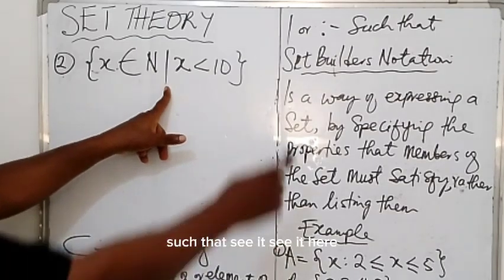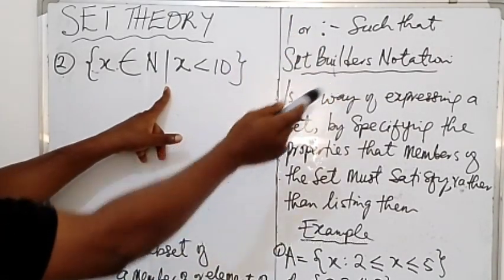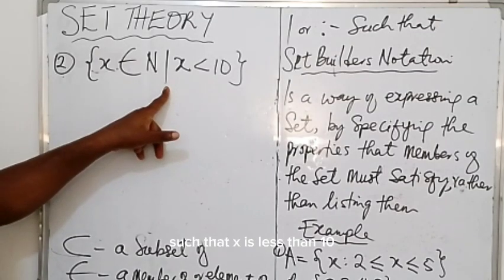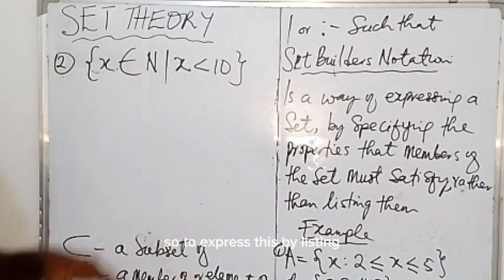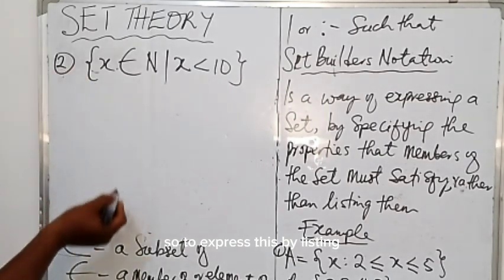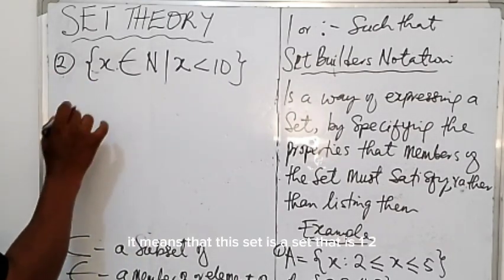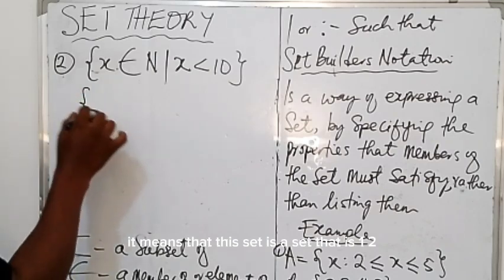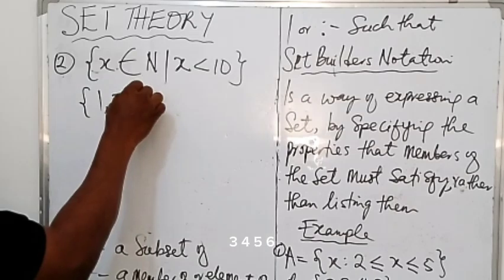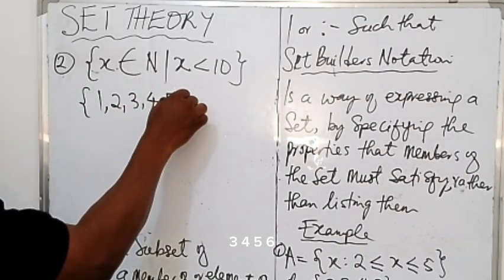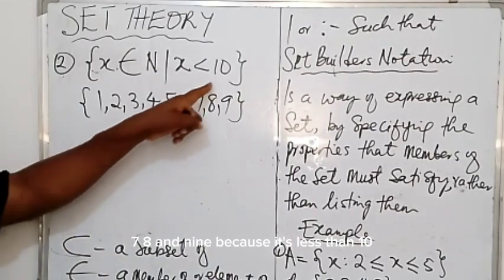Such that, see it here, a slash or a colon, any which way, such that X is less than 10. So to express this by listing, this set is 1, 2, 3, 4, 5, 6, 7, 8, and 9, because it's less than 10.